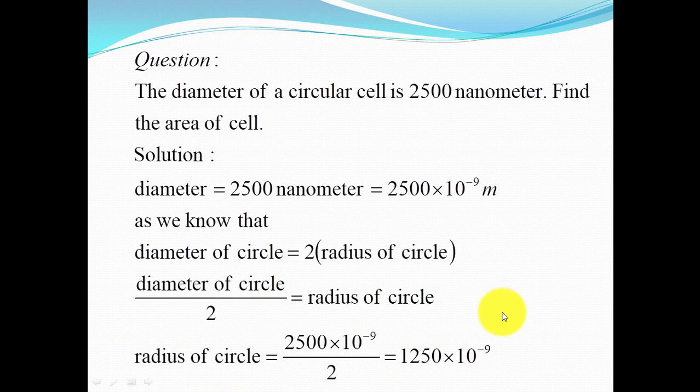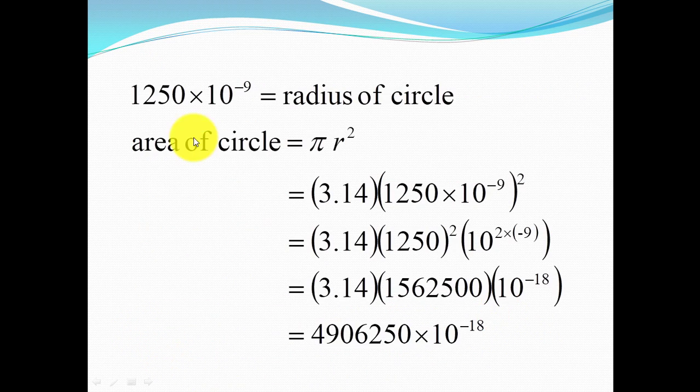Now we have to find the area of the circle. The formula for the area of a circle is pi r squared. The value of pi is fixed, 3.14, and we put in the value of the radius. Now we take the square of both terms separately.